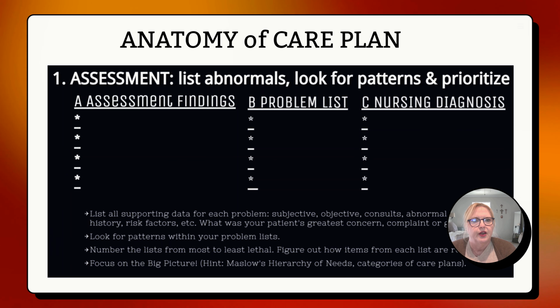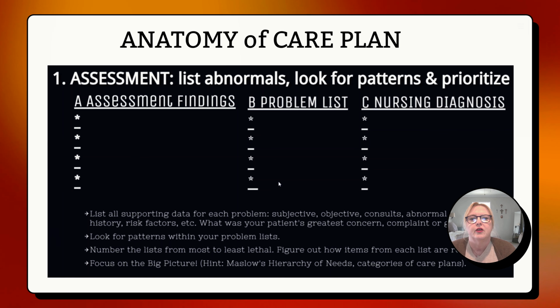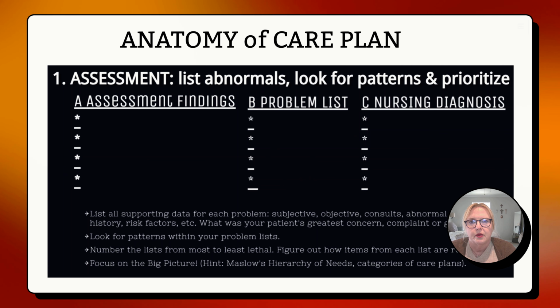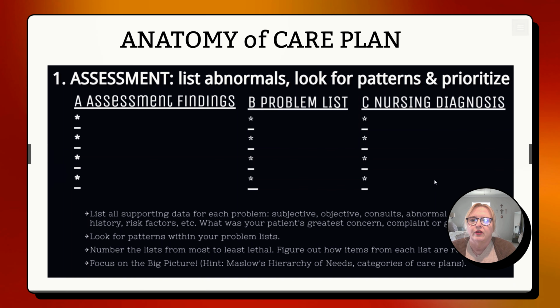If it kind of dinged in your head, hey, I don't think that's right, then put it down as an assessment finding. And then what we're going to do from here is look for patterns so that we can start making a list of problems. And from those list of problems, we're going to come up with our nursing diagnosis. So again, it's going to be everything.